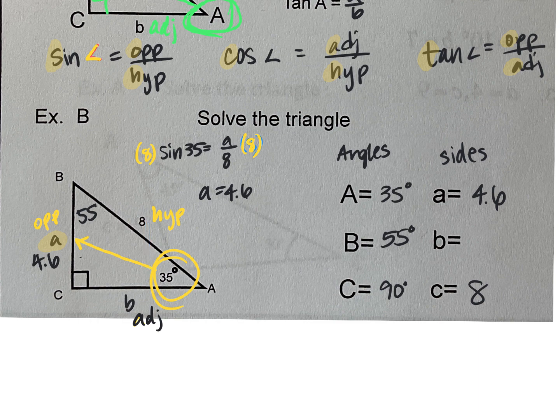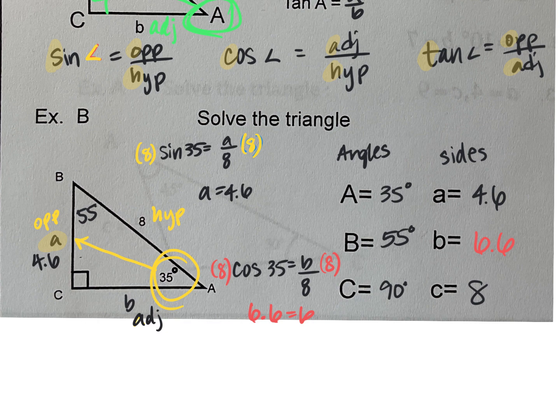So the cosine of 35 is the adjacent, which in this case is B, over hypotenuse, over 8. And what are we doing on both sides? Multiplying by 8. So we're going to type in 8 cosine of 35. And we got 6 point, I like it, is B.